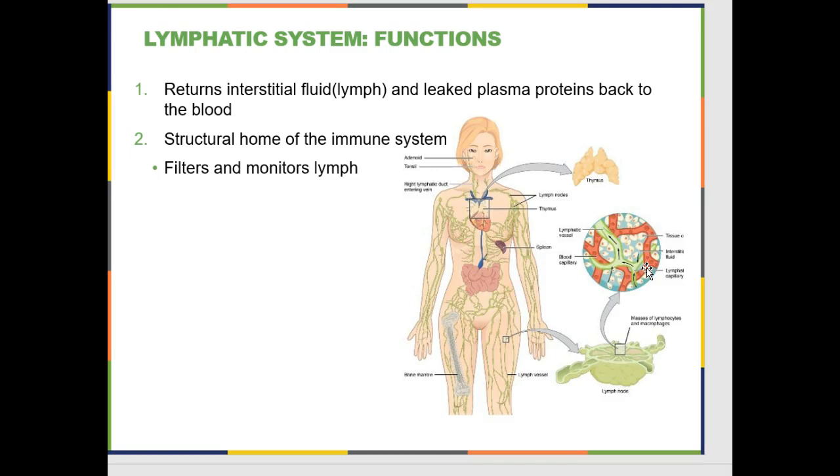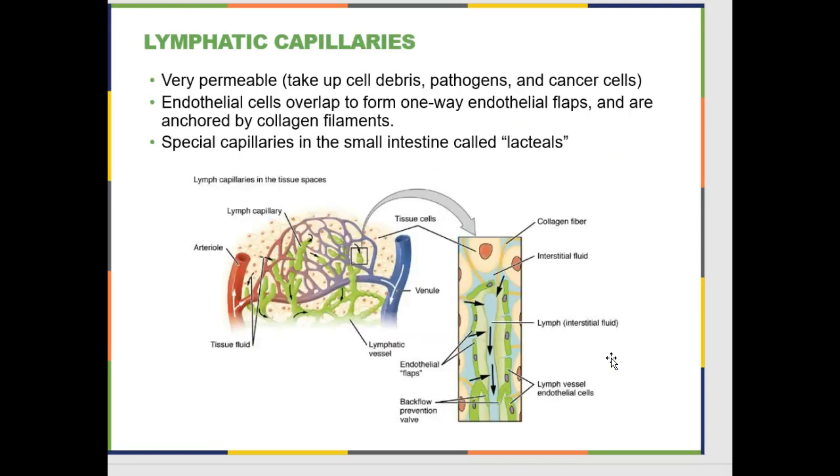So as the lymph flows through your lymphatic system, it also flows through lymph nodes, which is where your lymphocytes, some of your white blood cells, spend a lot of their time. And that's what comprises your immune system, is your white blood cells. So your lymphatic system is also where your immune system lives.